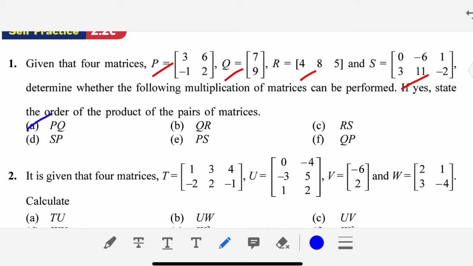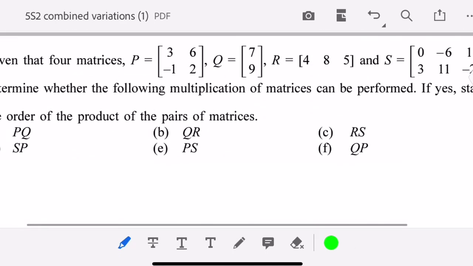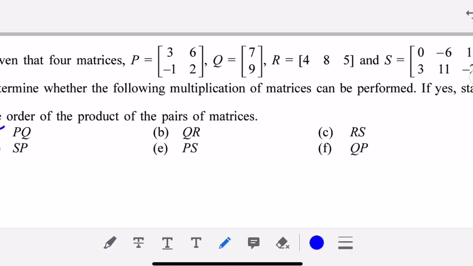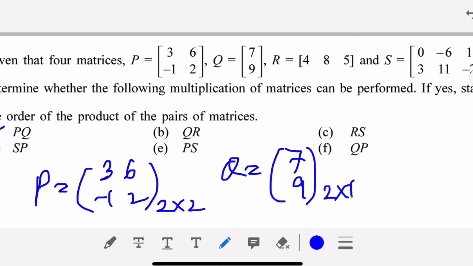So we want to discuss PQ. Let's do A, PQ. We want to determine whether it can be performed or not. You just write the order of the matrices. P is 2 by 2, right? And matrix Q is 2 rows and 1 column.